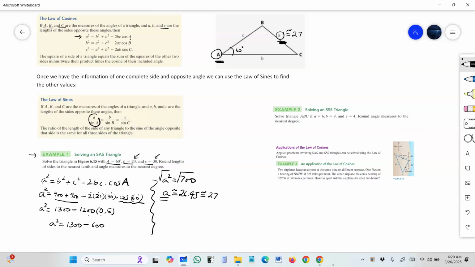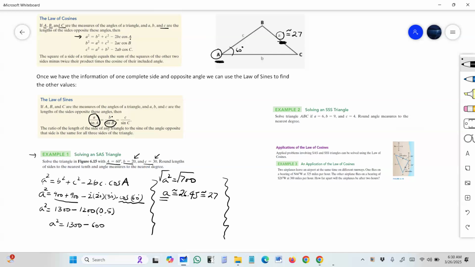Now notice I have angle A, and I have side A, which means I can use the law of sines. I have side B, and now I can find the capital angle B using the law of sines.